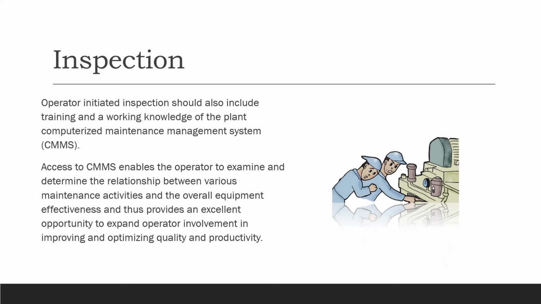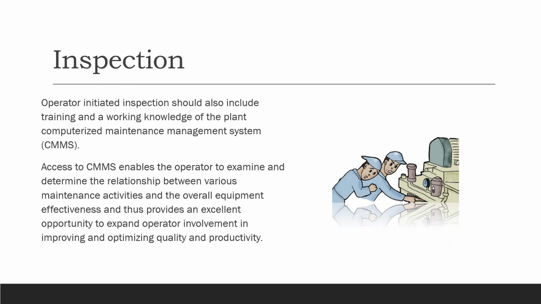This is just generally trying to tell you that their inspections should be in training, and the knowledge they have gathered from their system has got to be recorded in the CMMS. It's nothing but another system that we use in the plant, the computerized maintenance management system.